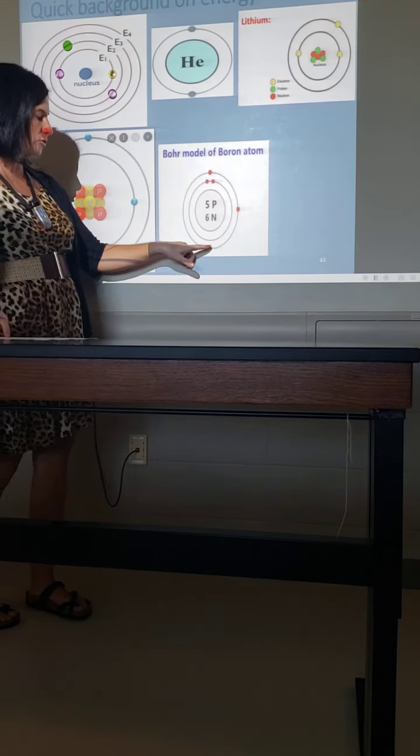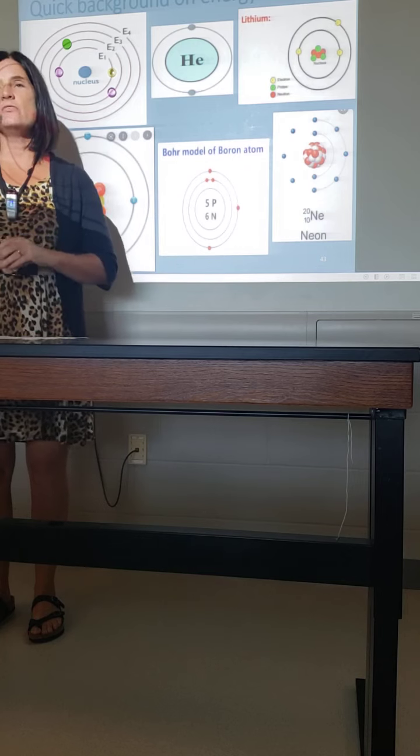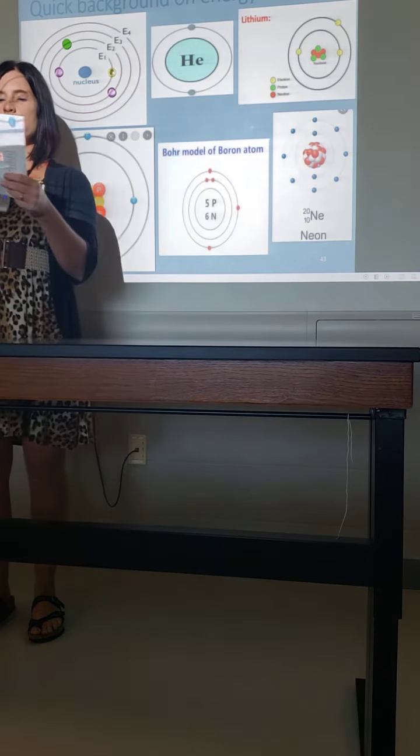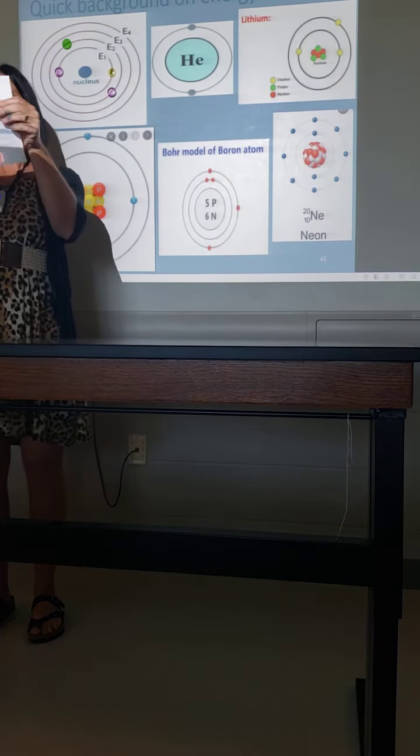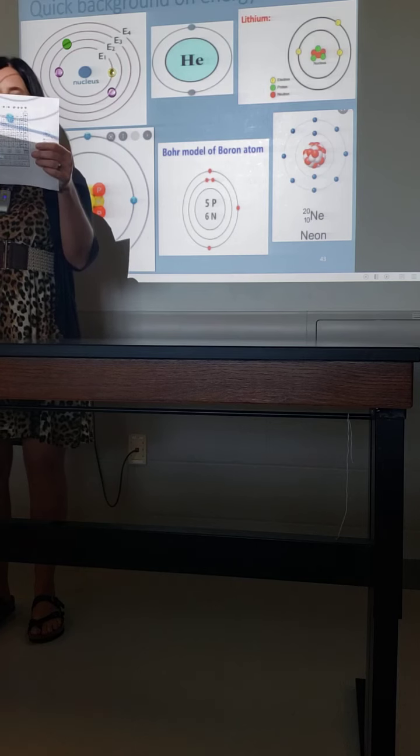And then so on as you go to carbon and nitrogen and oxygen and fluorine, until you finally get to neon. So here's neon. 1, 2, 3, 4, 5, 6, 7, 8 in that valence. Since neon is now full, that outer layer is satisfied, that's when the table readjusts.